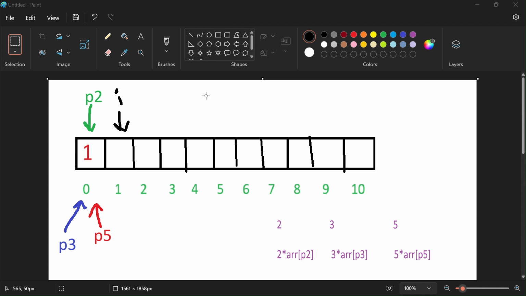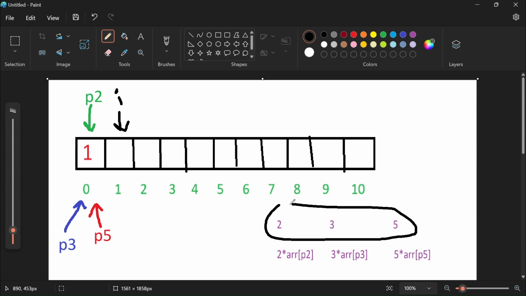We currently have just one element, which is 1, the first ugly number, and we have to store the multiples of 2, 3, 5. While calculating the multiples, we should multiply 2, 3, 5 with ugly numbers only.